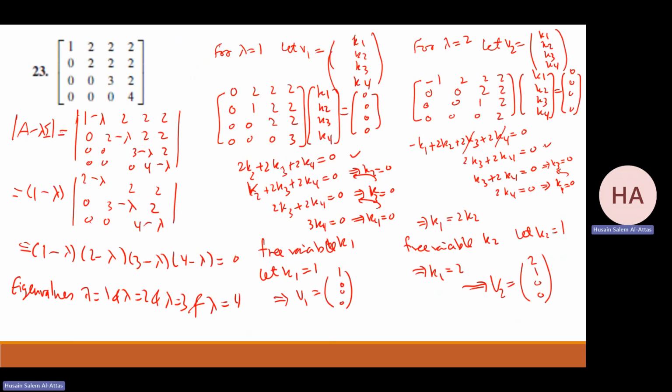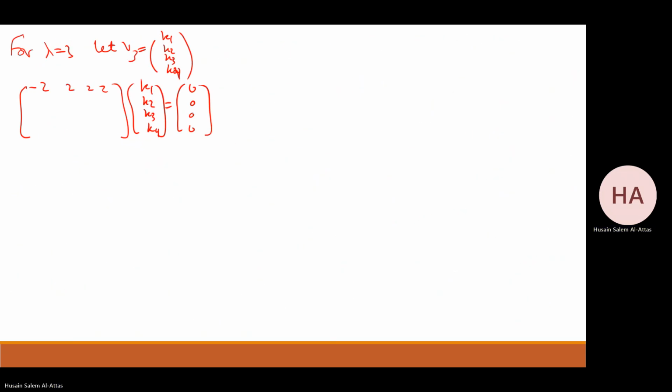What I have? It's 0, minus 1, 2, 2. And then 0, 0, 0, 2. The last one, 0, 0, 0, 1. Is it?